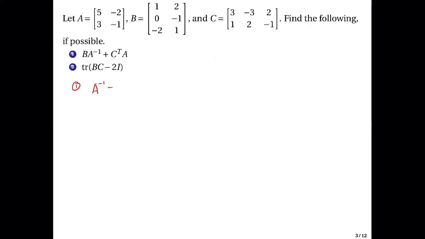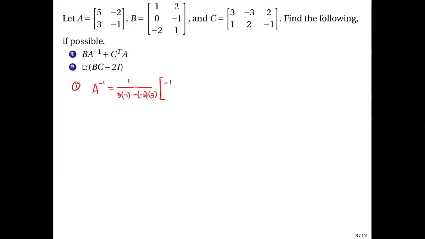We want to calculate A inverse, and this is your matrix A. A inverse, it's just 1 over the determinant of A. So that's 5 times negative 1 minus 2 or minus negative 2 times 3. And then what do we do? We interchange.